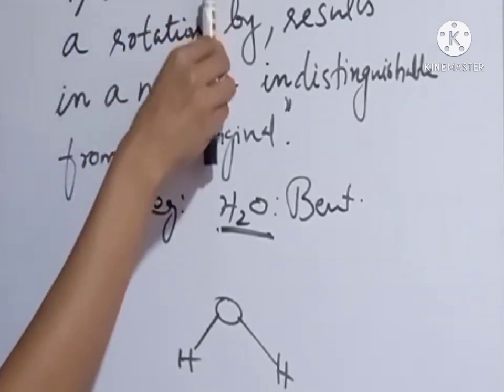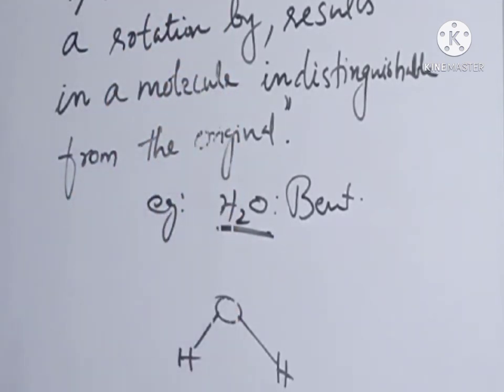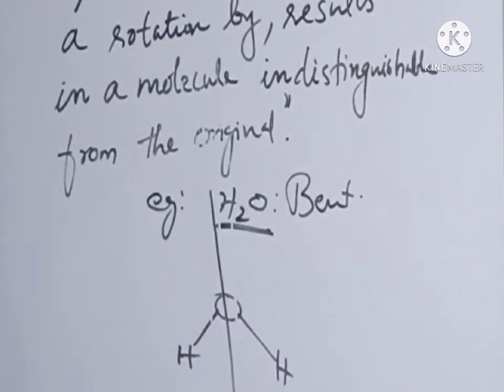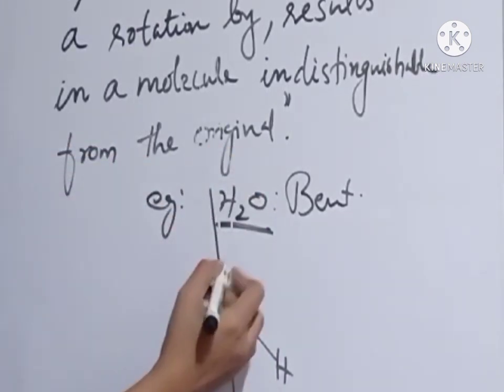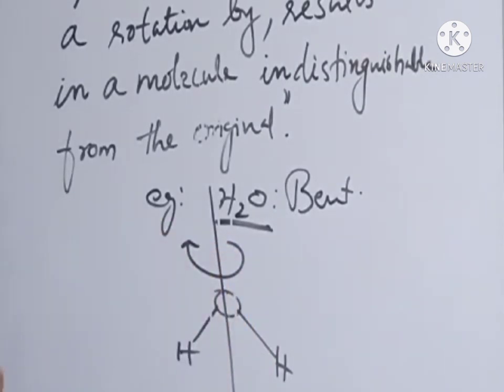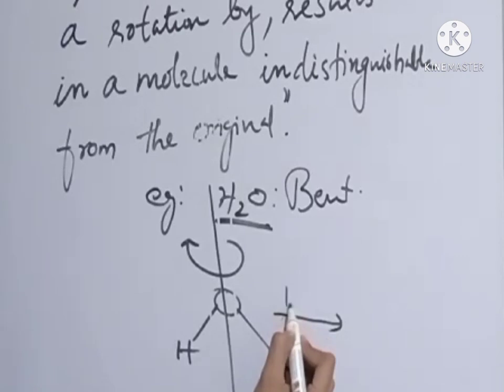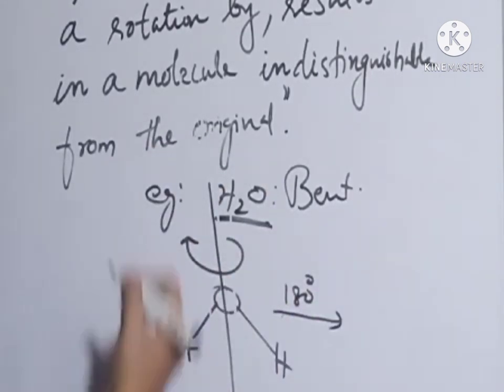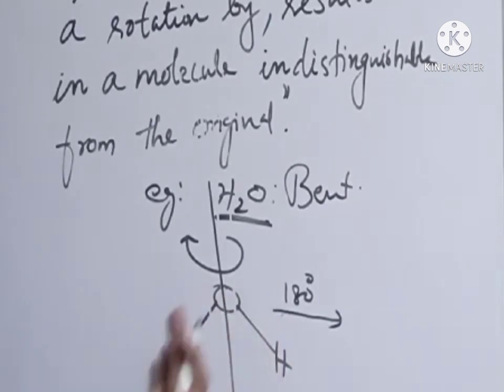If I draw a line which is passing through oxygen, lying on the same plane, and I rotate this line in a clockwise direction, after rotating 180 degrees, I'll get the same structure as the first one.